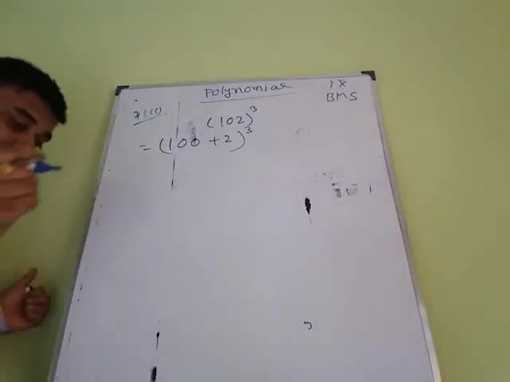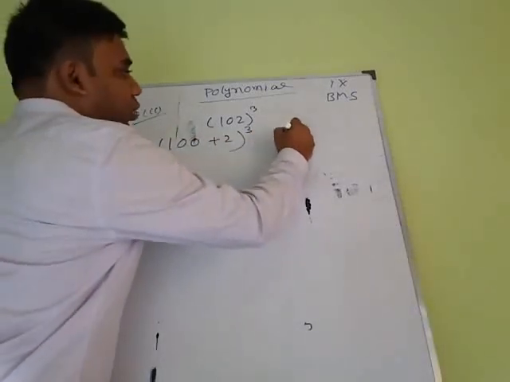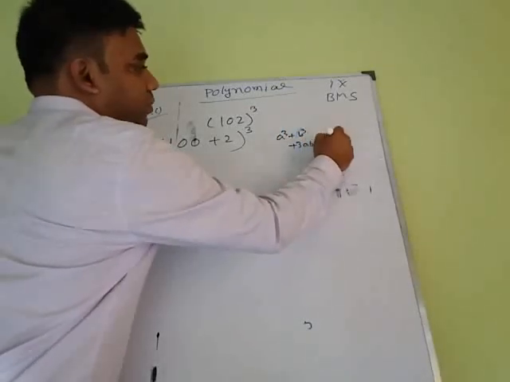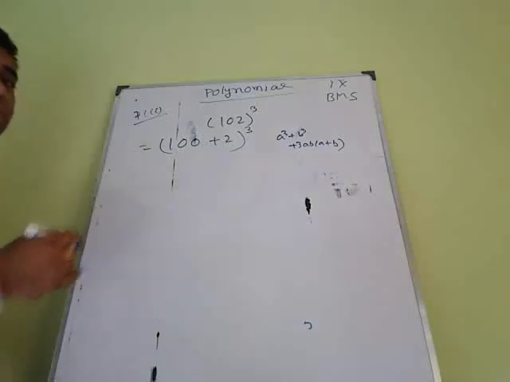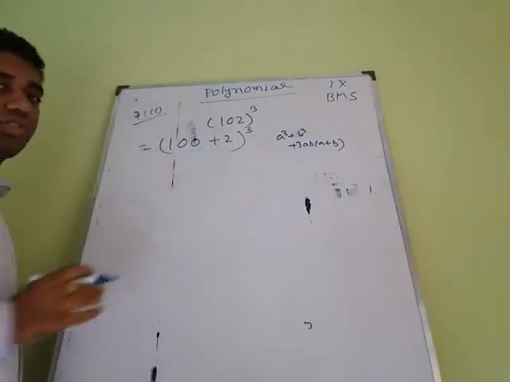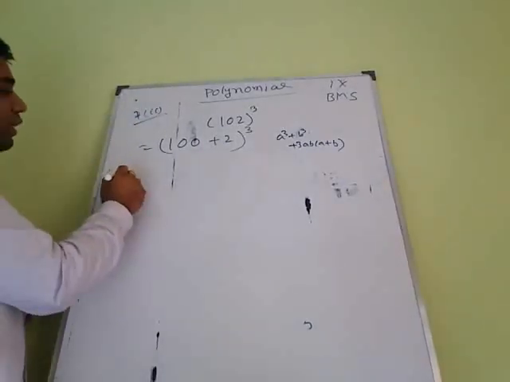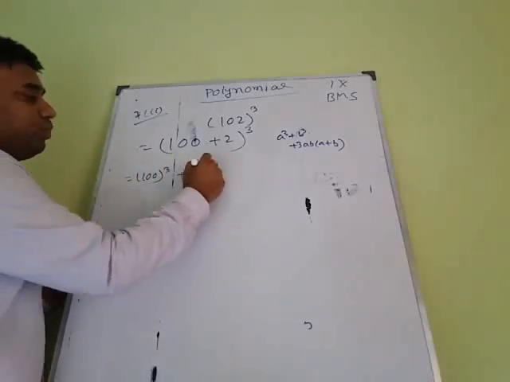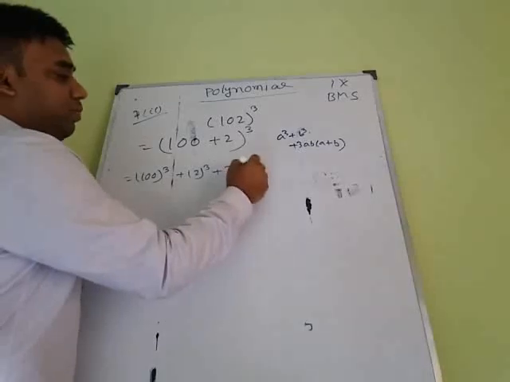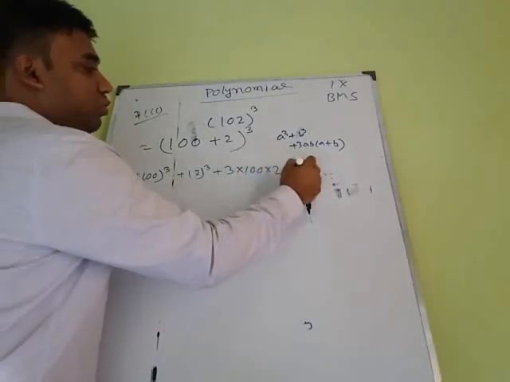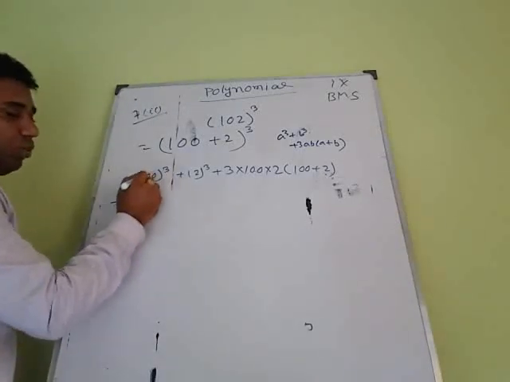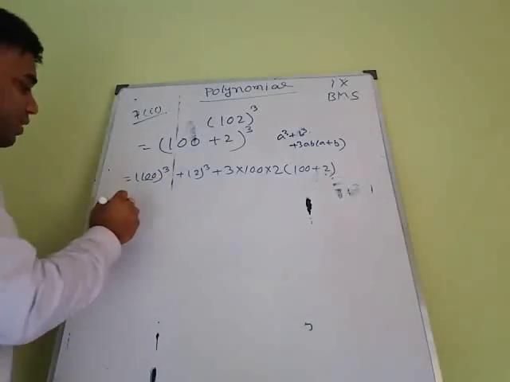Using the formula a cube plus b cube plus 3ab into a plus b, we will solve this question. So that is 100 cube plus 2 cube plus 3ab into 100 plus 2. 100 cube has 2 zeros, so there will be 6 zeros.